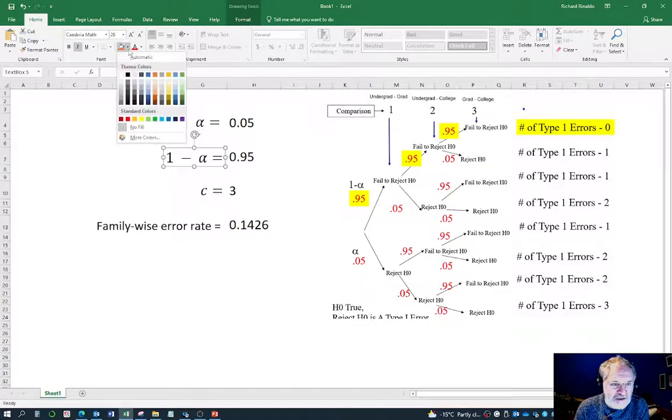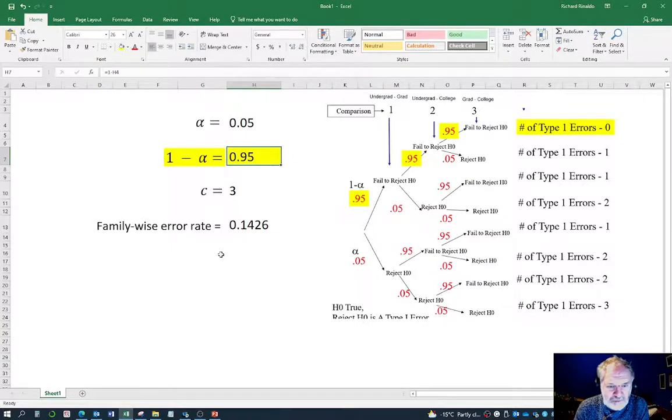Let's fill it in with the yellow. So the correct path occurs 3 times. That's 1 minus alpha. So my family-wise error rate is everything else. I take 1 minus alpha times 1 minus alpha times 1 minus alpha, and then subtract that from 1 to tell me the probability of rejecting the null hypothesis at least once when I shouldn't, because the null hypothesis is true for all comparisons.